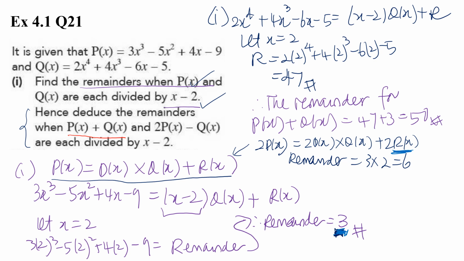Write it the other way around and you can see 2 times 3 gives you 6. So the remainder for 2p of x is 6. The remainder for q of x still remains as 47.